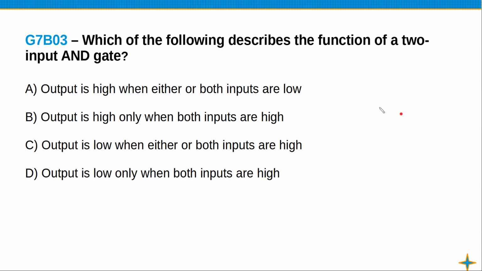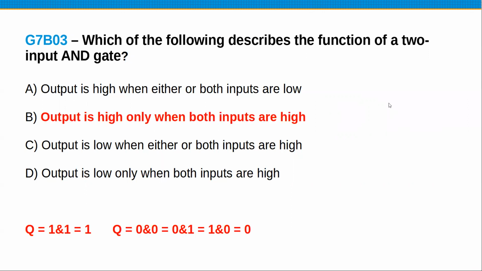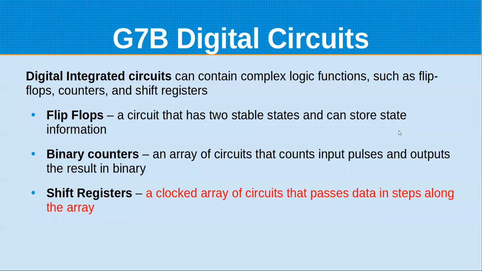Okay. Only when both inputs are high. Now, if that was a NAND gate and both inputs were high, what would the output be? In other words, a not AND. Be low. All right.